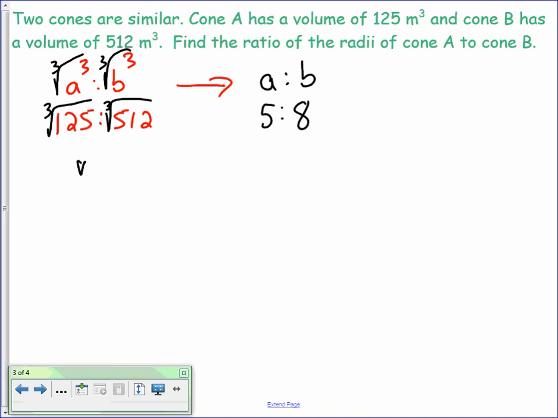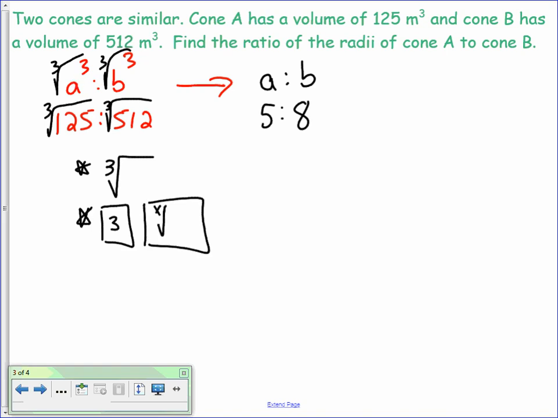And when doing this on your calculator, the button you are looking for looks like that. If you are using the TI-83 or TI-84, it is under the math option. If you are using a scientific calculator, you're going to have to push in the number 3 and then use the button that says X root on it.